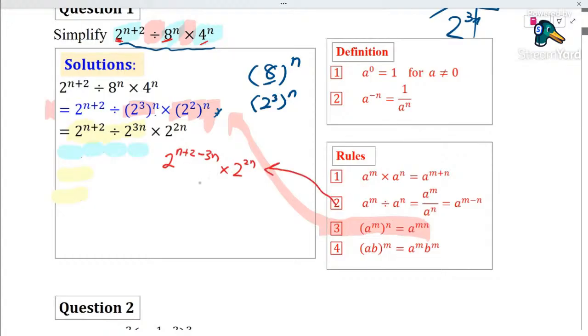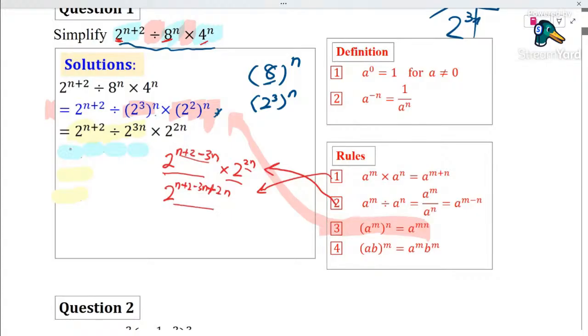When I multiply, I apply the first rule. I will get the result 2 power of n plus 2 minus 3n, and then minus 2n. So this whole thing here, multiply with 2 power 2n, so the power will sum up. Sorry, it's a plus here, plus 2n. So as a result, this is what we have.